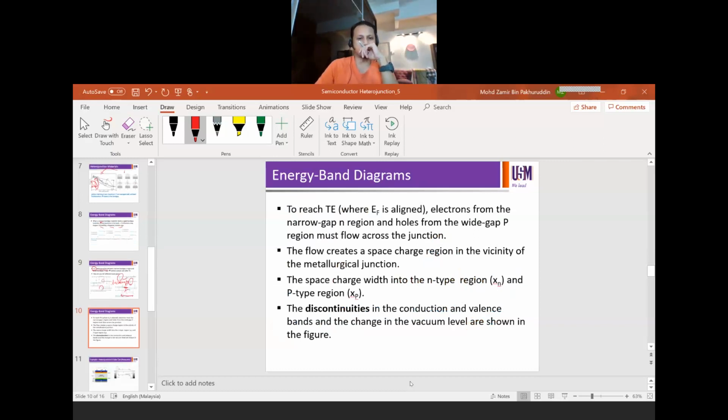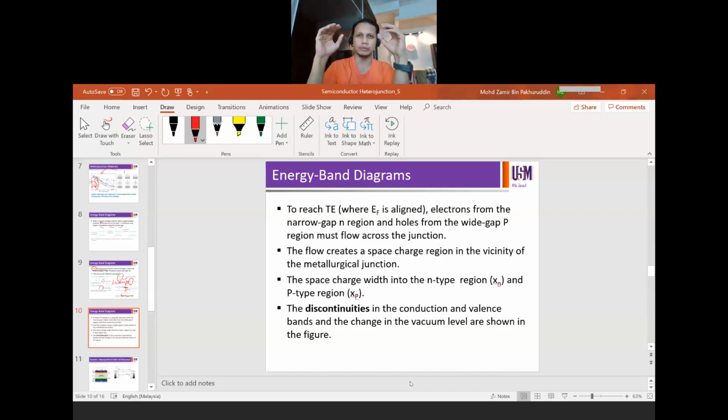So to reach thermal equilibrium where EF is aligned, just like what we learned last time about the PN junction, electrons from the narrow gap in the N region and holes from the wide gap must flow across the junction. Same as the diffusion of majority carriers upon joining your p-type or n-type homojunction last time.